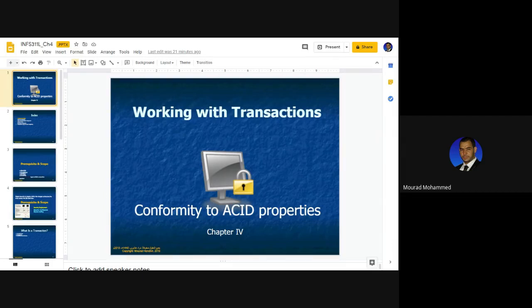Through unit number 3, we are able to create the back-end stored procedures, nominated common language runtime procedures.